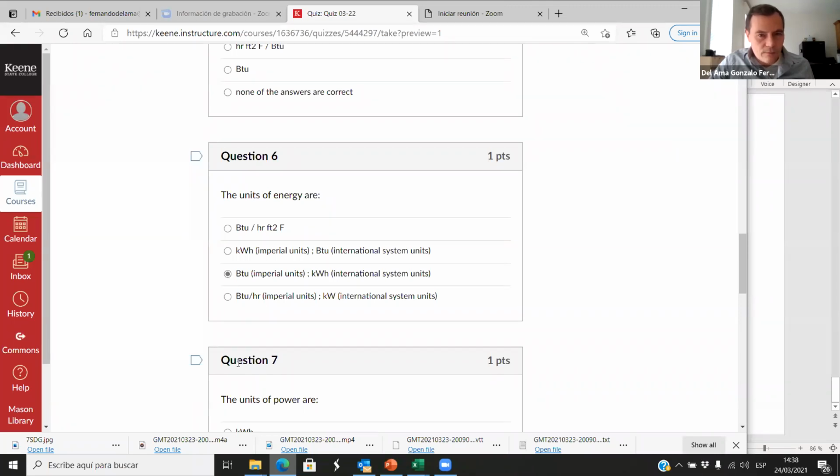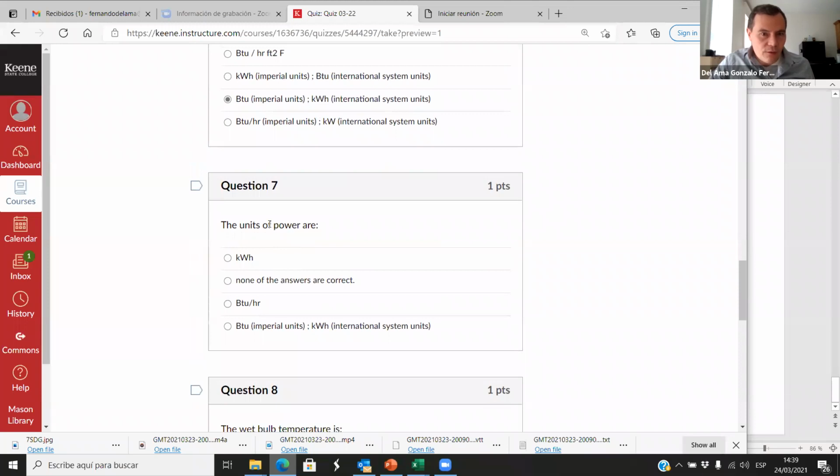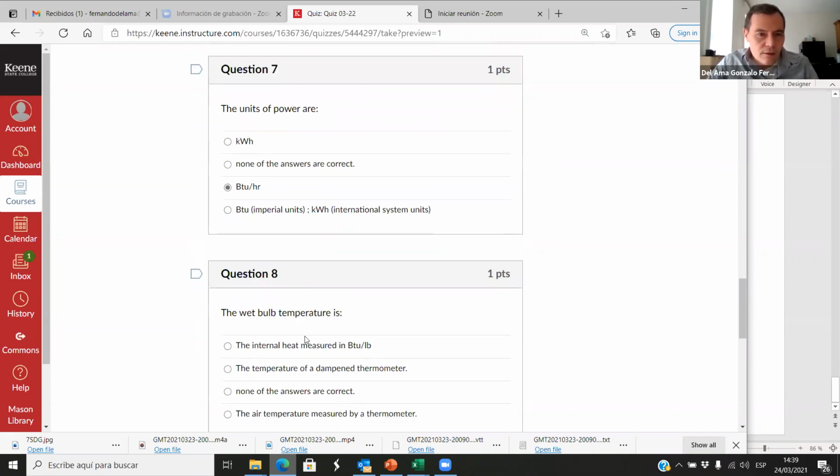Yes, this is the right answer. Because BTU per hour or kilowatt, this is for power, it's not for energy. And now we have the units of power. Is it BTU in imperial and kilowatt hour international? No, this is energy. Kilowatt hour is energy. So BTU per hour is the unit of power in imperial units. So this is the right answer.